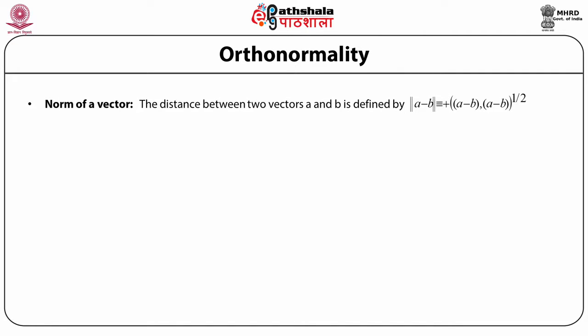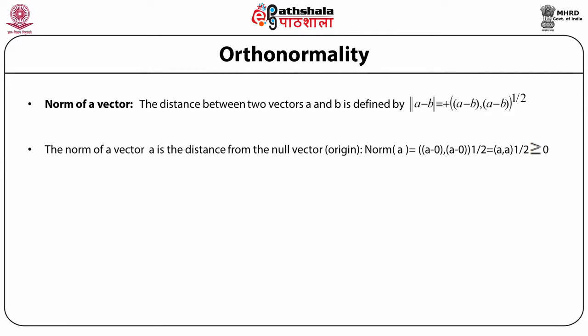The distance between two vectors A and B is defined by the norm of the vector, which is given as norm(A − B) = [(A − B)·(A − B)]^(1/2), which means that the norm of a vector or the distance between two vectors A and B is defined as the square root of the inner or the scalar product of the difference between the two vectors A minus B.